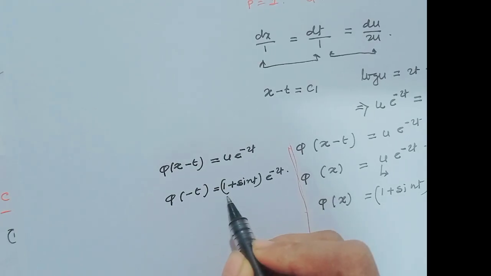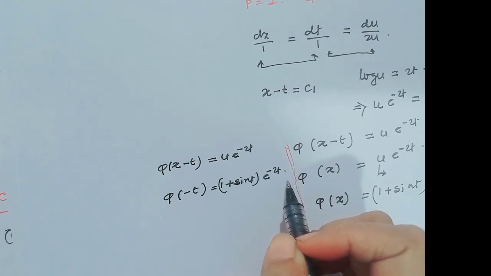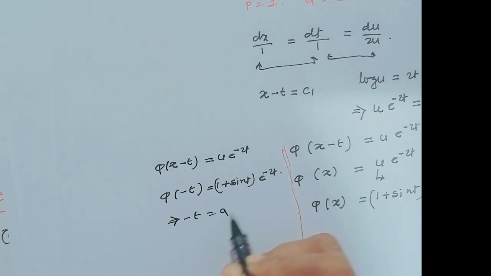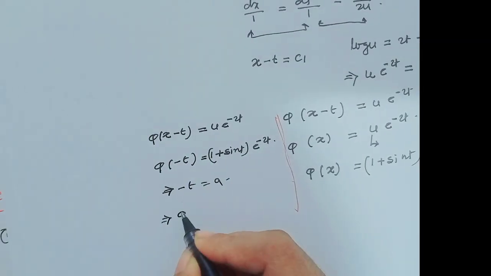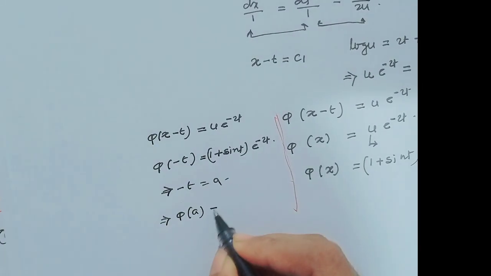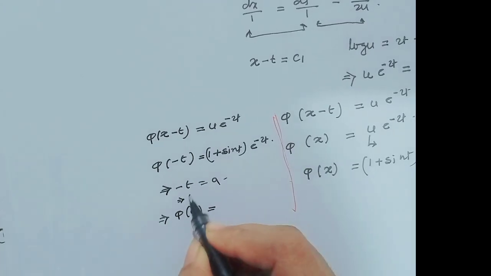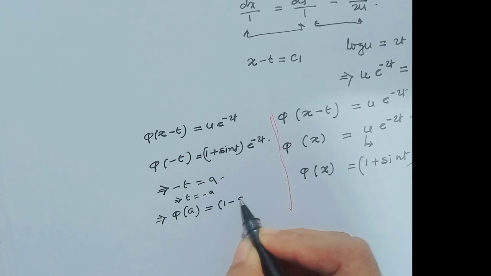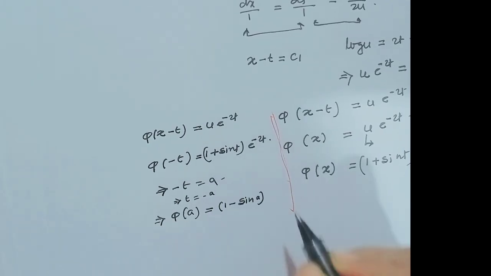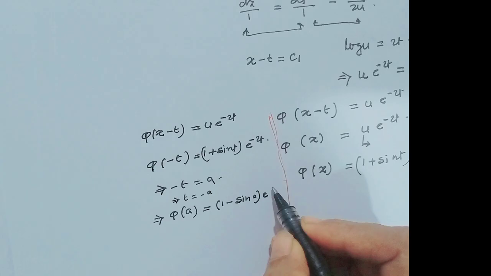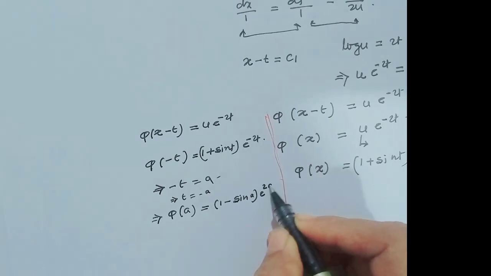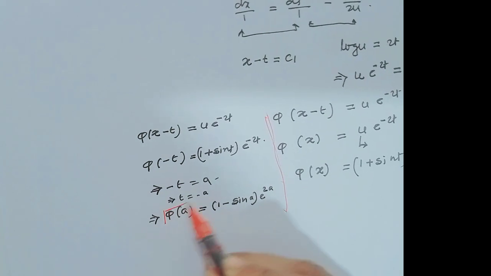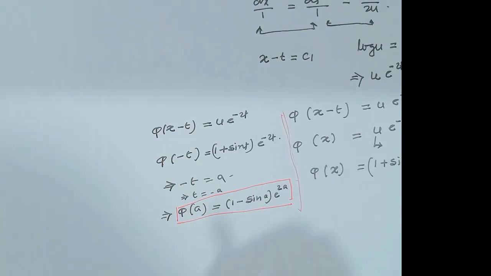Now here phi of minus t equal to (1 plus sin t) e to the power minus 2t. Consider now minus t equal to a, that is t equal to minus a. That implies phi of a equal to (1 minus sin a) e to the power 2a. And this is the solution of the Cauchy problem.